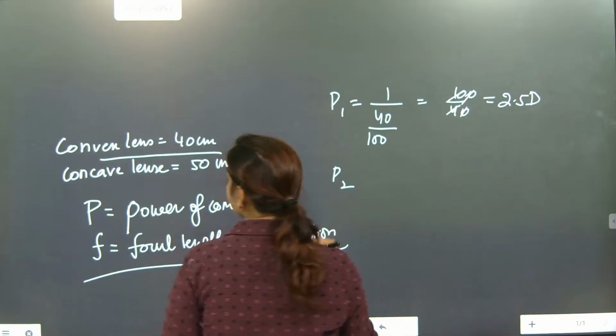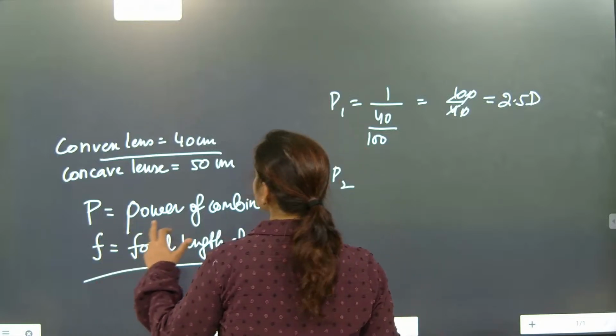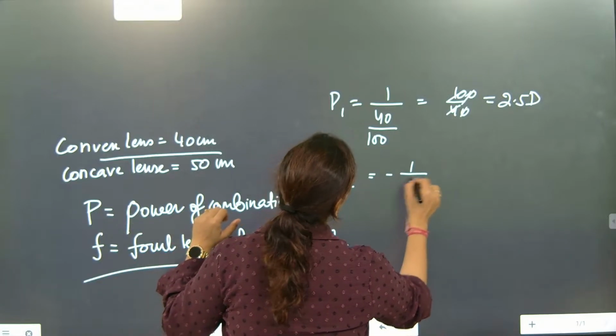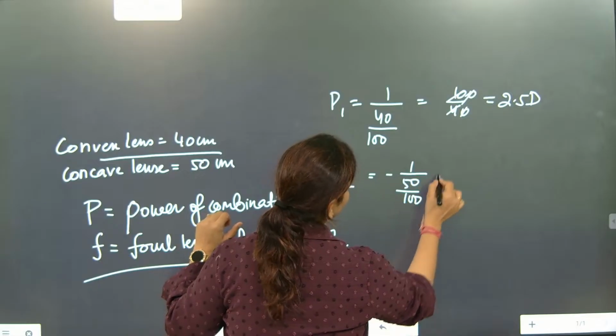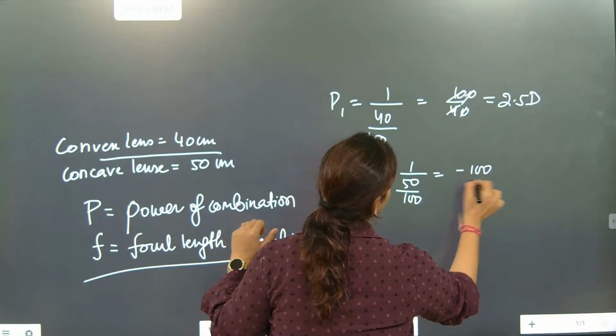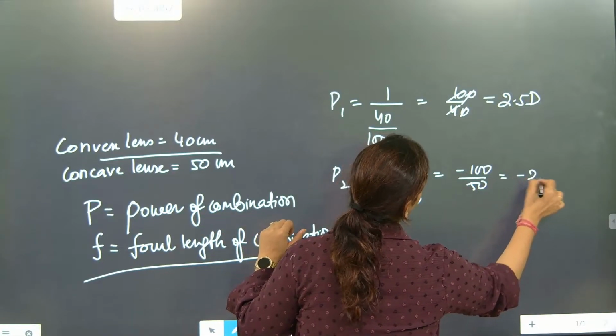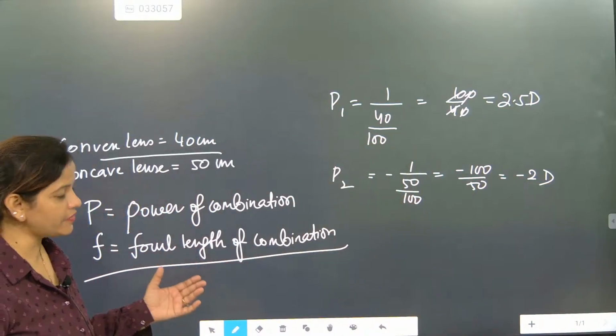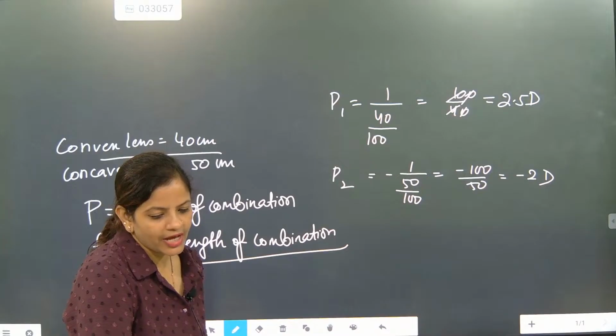Now the second one is concave. What is given? 50. So 50 is minus, we will be writing minus 100 by 50. It will come minus 2 diopter. One is coming as 2.5 and one is minus 2 diopter. Understood?